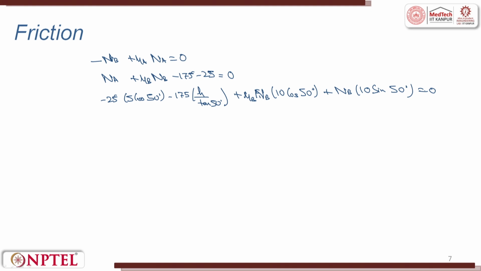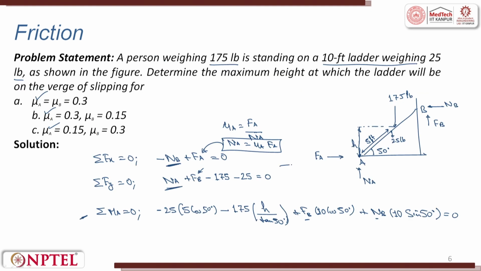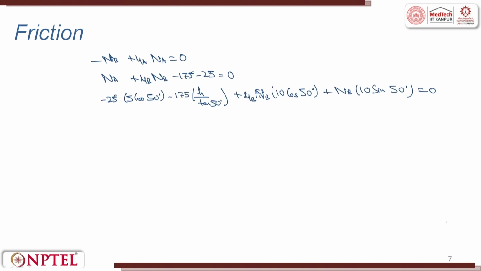So, equations 1, 2 and 3 have given the equations 5, 6 and 7 while substituting the value of Fb as nu B into Nb and Fa as nu A into Na respectively.